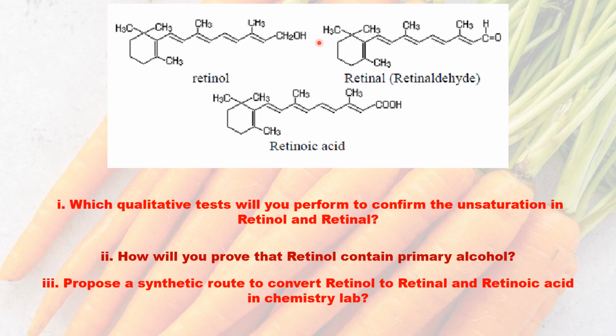All these conversions from alcohol to aldehyde and carboxylic acid happen in the human body in the presence of different enzymes. Now if we perform the same reaction in the lab, which reagents are we going to use to convert alcohol to aldehyde and then acid?